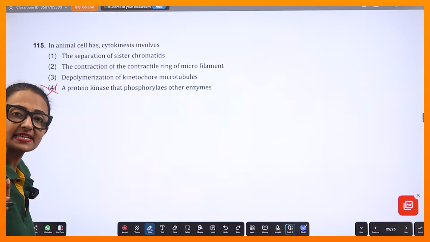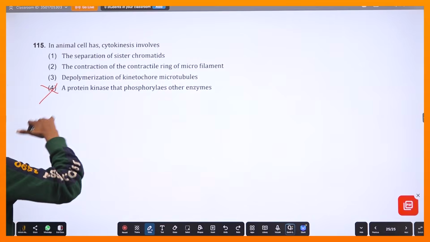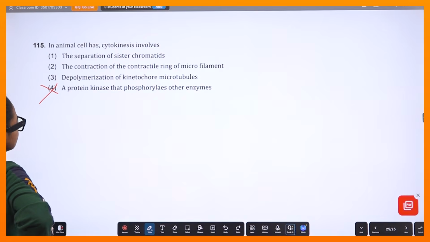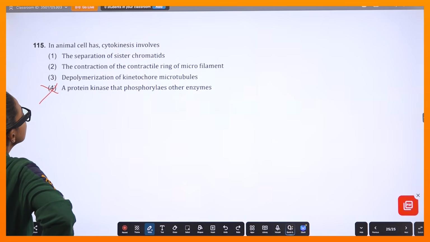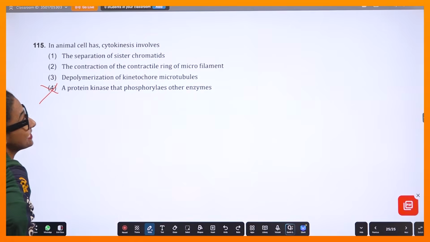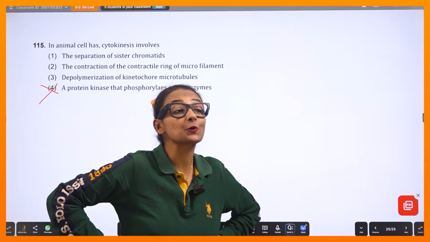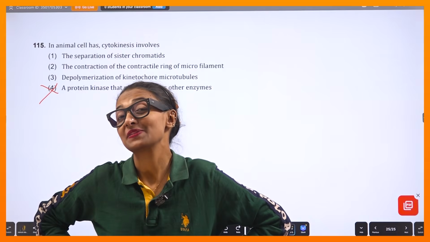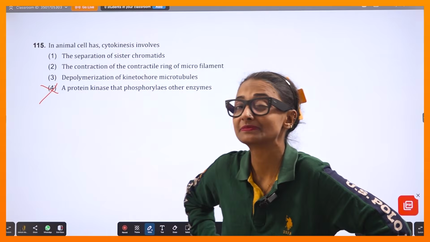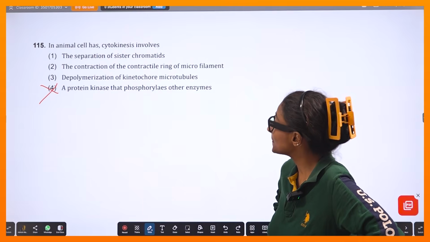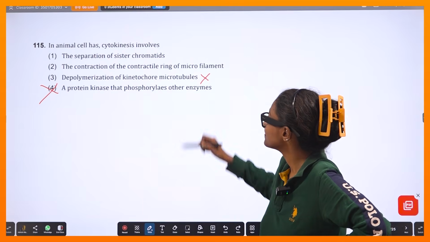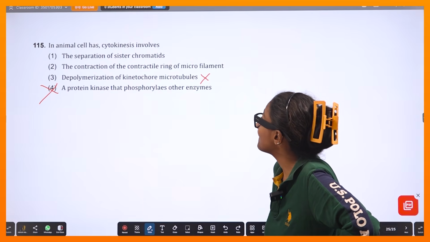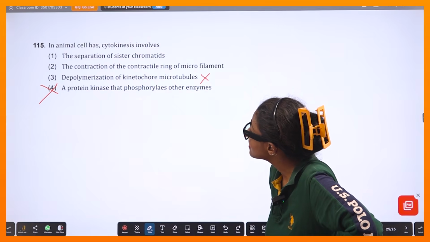Where is the kinase enzyme coming from? You don't need any transfer of group. So the fourth is wrong. Depolymerization of kinetochore. Kinetochore is a structure around the centromere that basically helps to slide on the spindle.